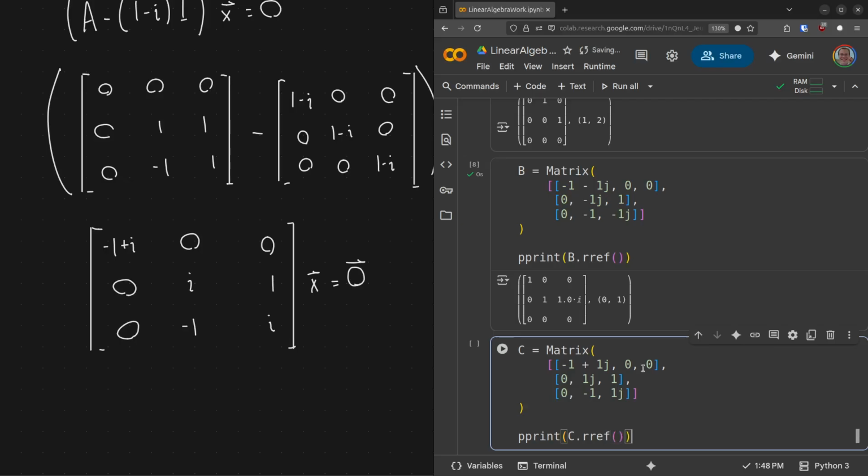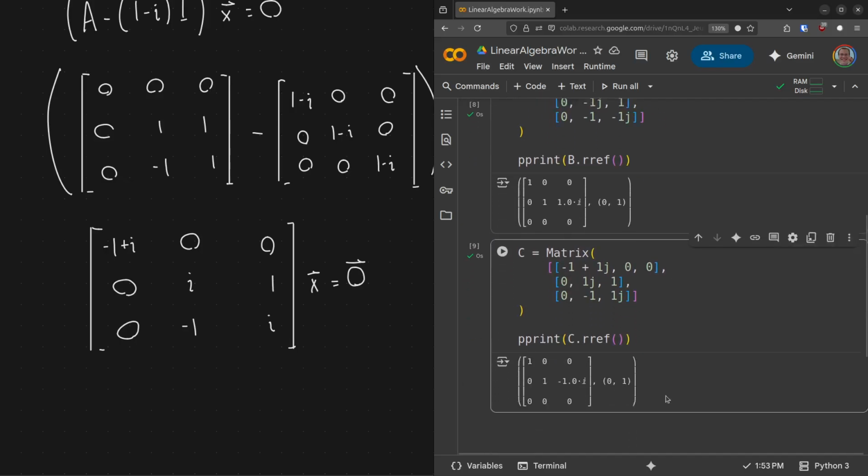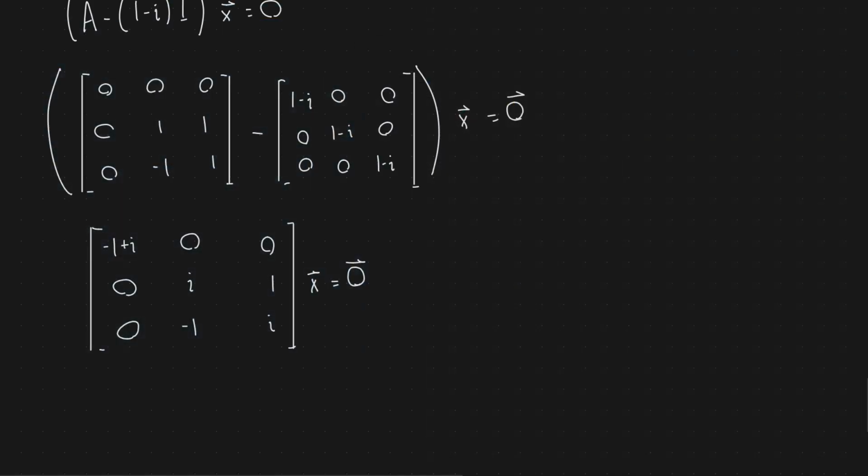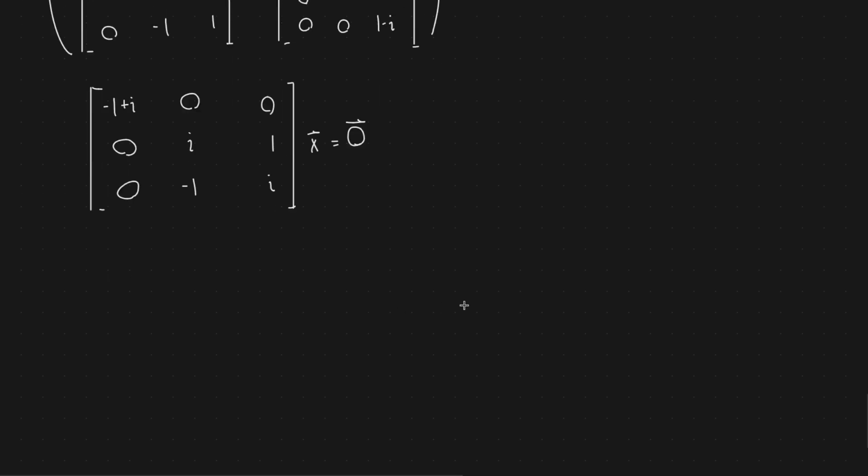Find the reduced row echelon form of my new matrix C, and we get 1, 0, 0, 0, 1, negative I, 0, 0, 0.